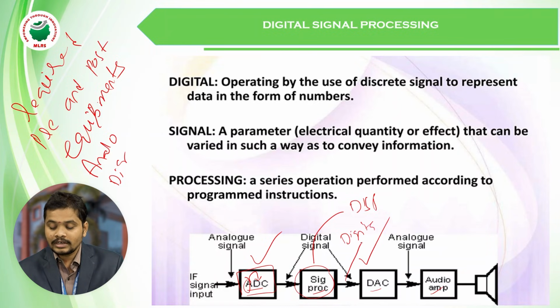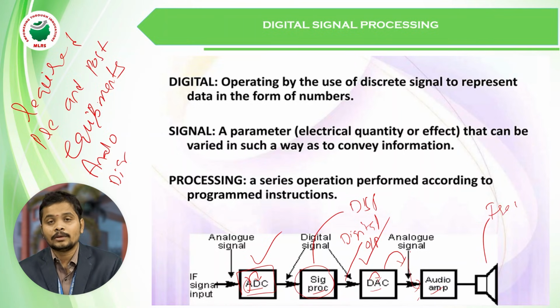But we need an analog output to transmit to the outside. Here we use a digital to analog converter, and this analog signal goes to the amplifier to strengthen the signal. So this is the basic block diagram of digital signal processing.